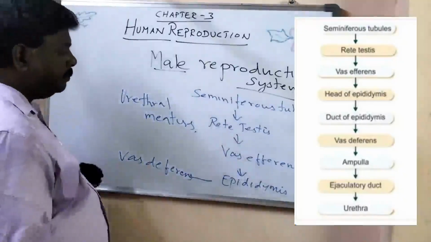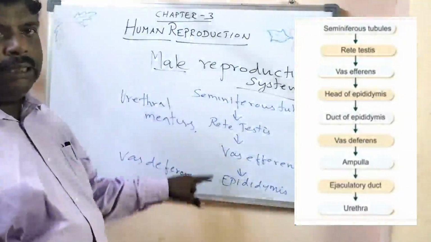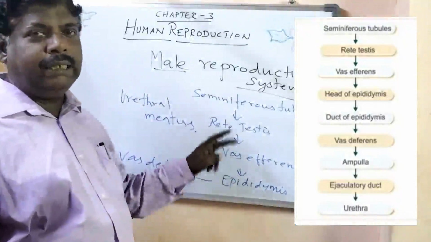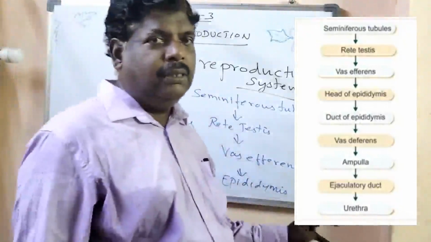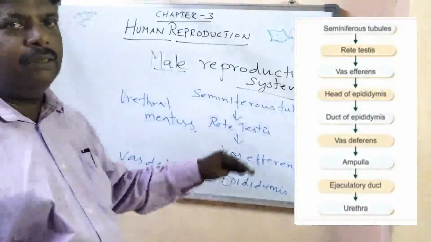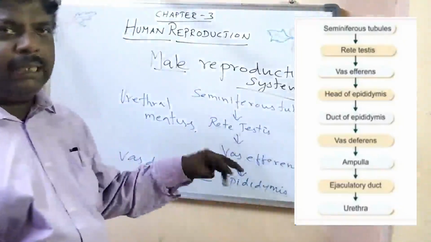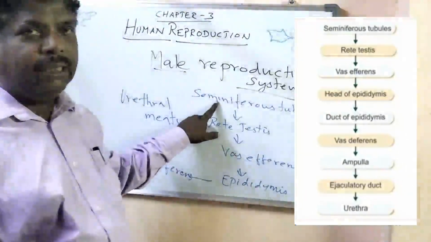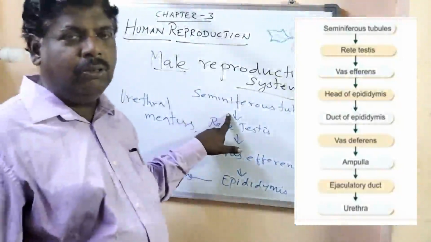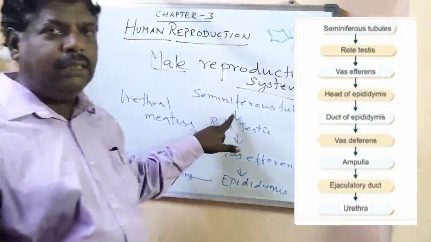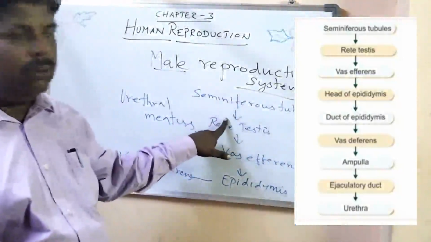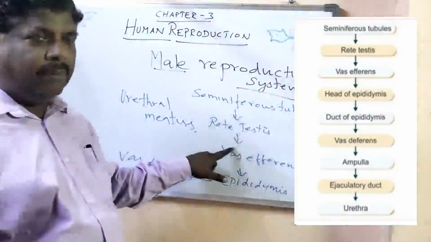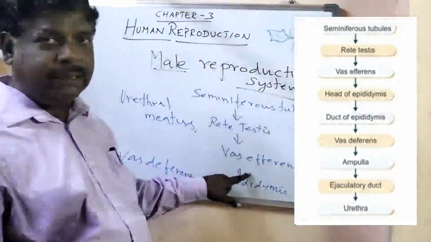So this is how these ducts, ducts are nothing but tubes. As it keeps moving, it gets a different name. So everything starts with the seminiferous tubule that I told you. It is there in the testis, in the lobule. From there it starts, enters through the rete testis, vas efferens.